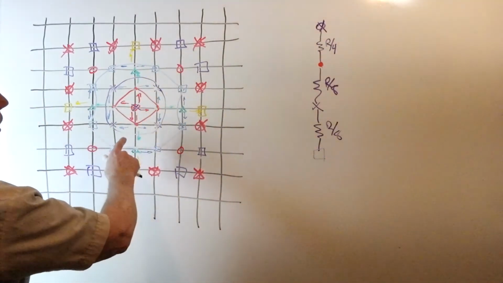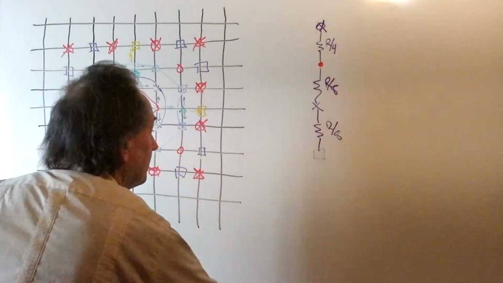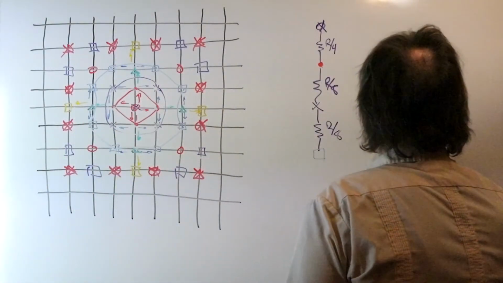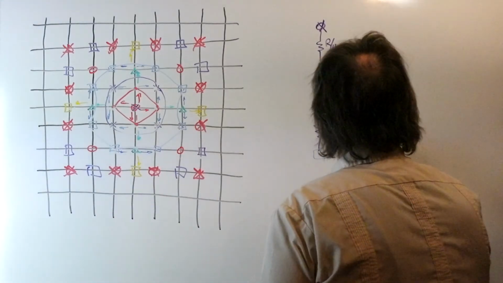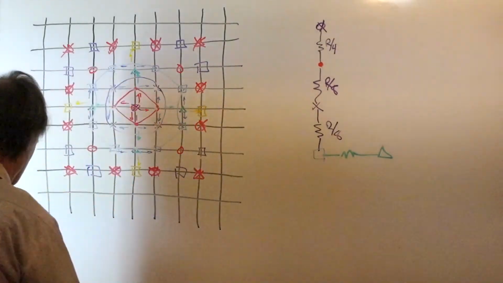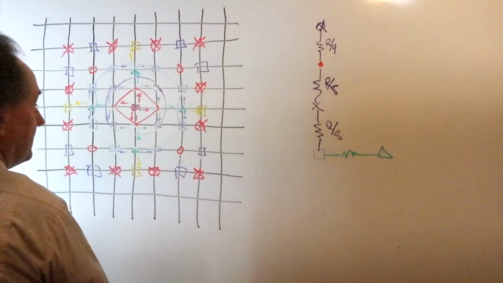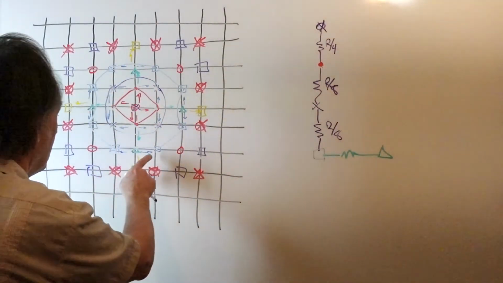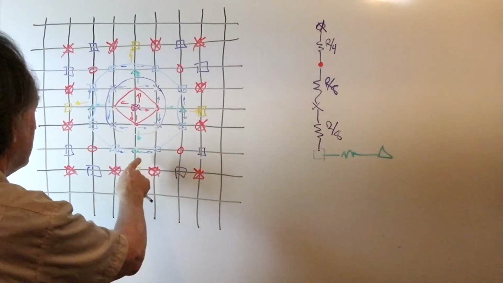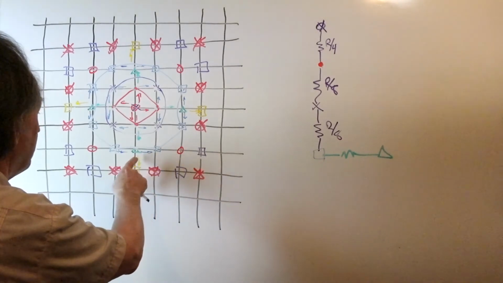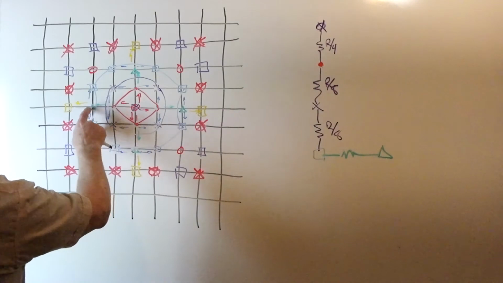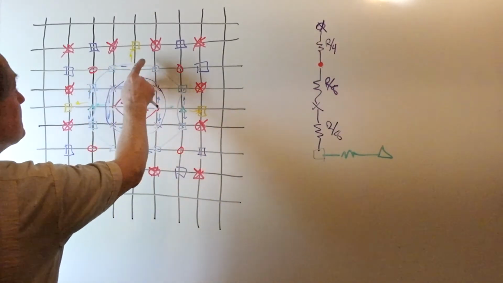How about now going to the green triangle? Let's put our green triangle here and find the equivalent resistance between the blue square node and the green triangle. Well, how many resistors do we have going between them? We have 1, 2, 3, 4, 5, 6.